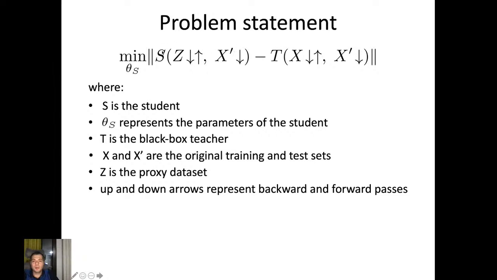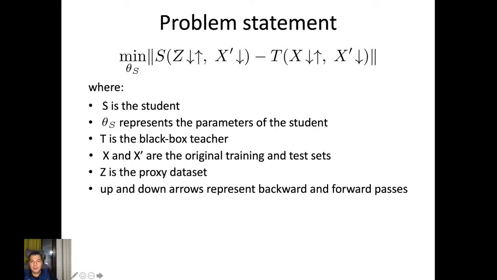What we try to do is to train this student on proxy data that tries to behave as well as possible on this test data X prime. We assume that we have access to X prime only for the purpose of evaluating the student. So during training, we use a different training set, which is called the proxy data set.